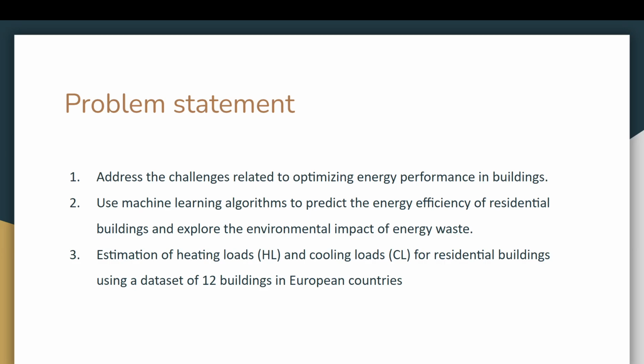The primary objective is to estimate the heating load and cooling load for residential buildings using a dataset of buildings in European countries, emphasizing the importance of energy management and conservation.